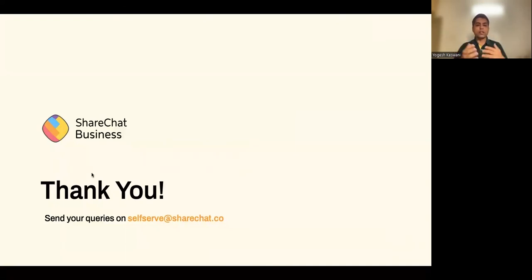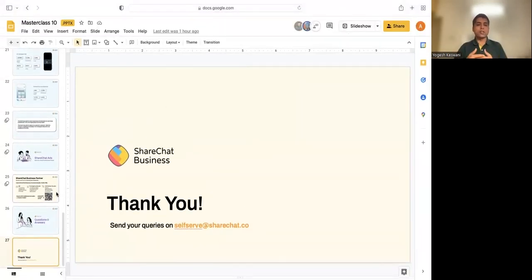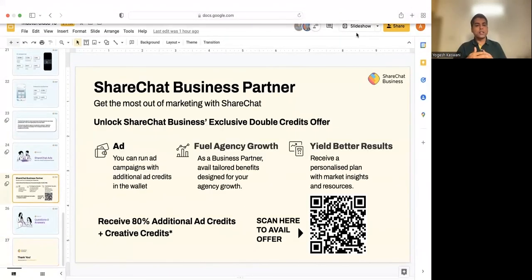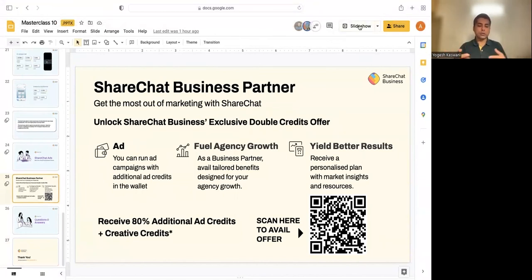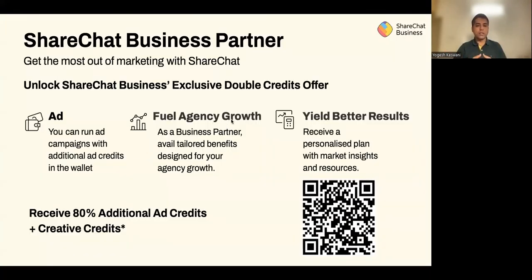For every ad spend that you do, we give you 80% of it in additional promo credits. So if you spend 2 lakhs on the platform, we deliver ad inventory worth 3,60,000 to you. And you can also avail creative credits.